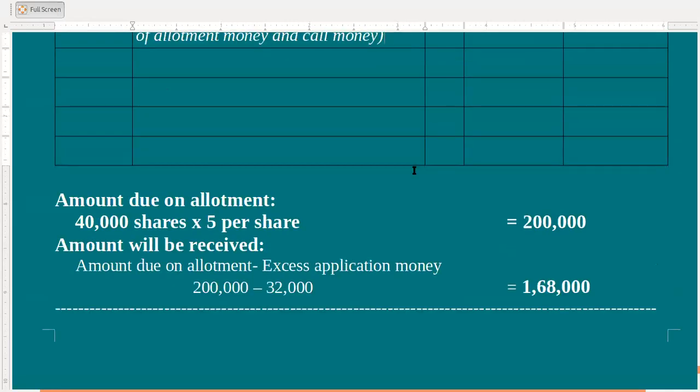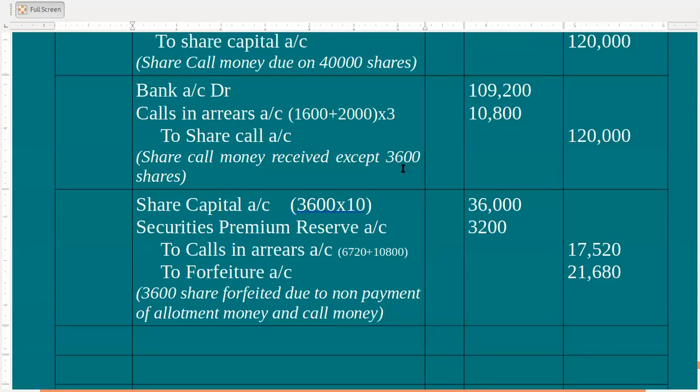Anybody have any confusion? Hafseen, is it okay? Yes, sir. What about Arif Muhammad? Arif, are you there? Yes. Is it clear? Yes. And Fadil? Yes, sir. Clear.